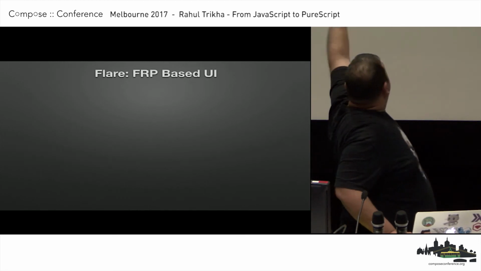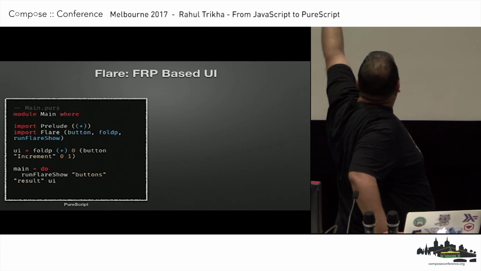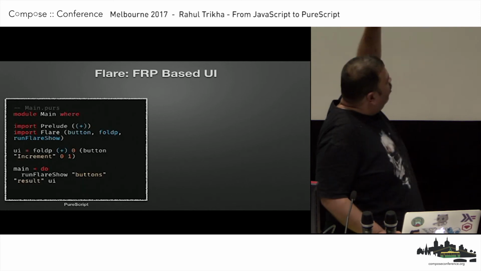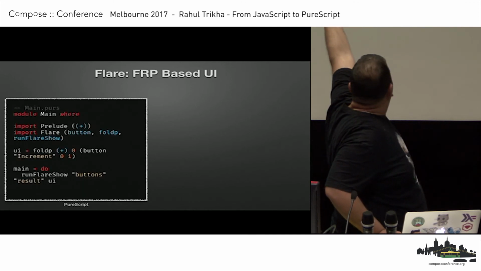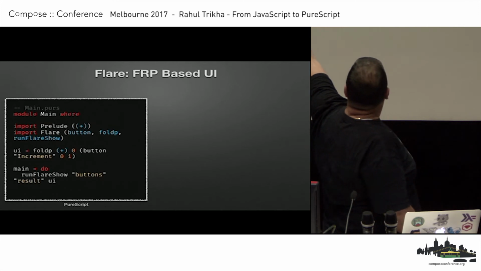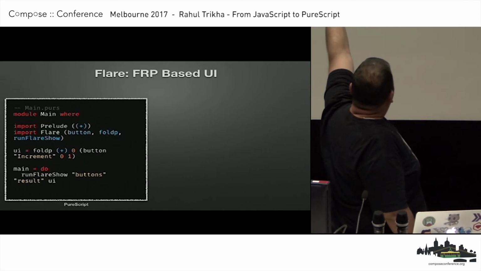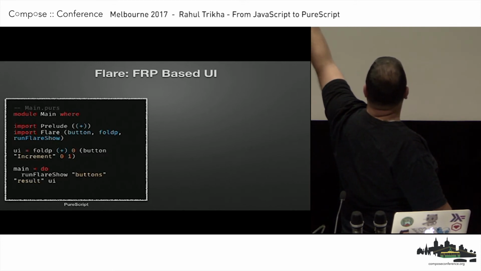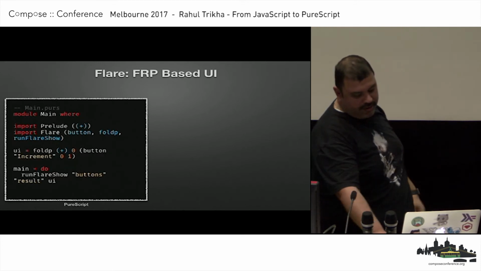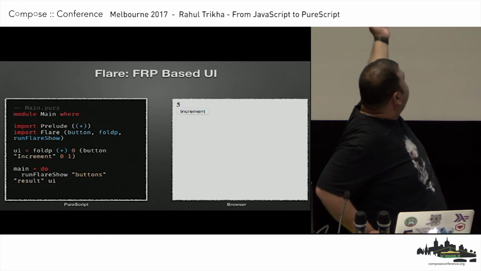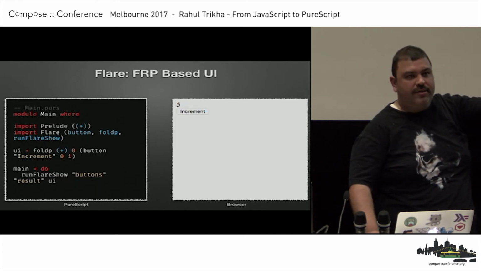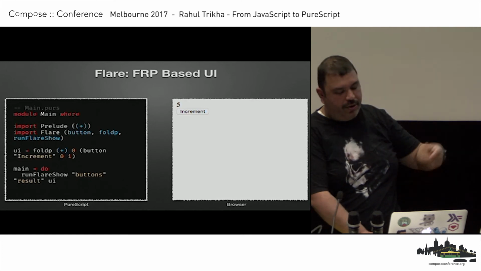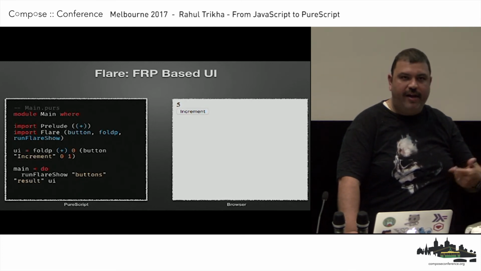So this is pretty much the same function like the one we were looking at previously. This is just incrementing one number. But because Flare binds your button, which is basically the view, to the function, which is fold_p, to increment it, it will actually give you results like this. So you can actually just express that whole increment thing in 2 lines. And that's it. And it actually knows how to iterate on previous values, and it will keep adding things.